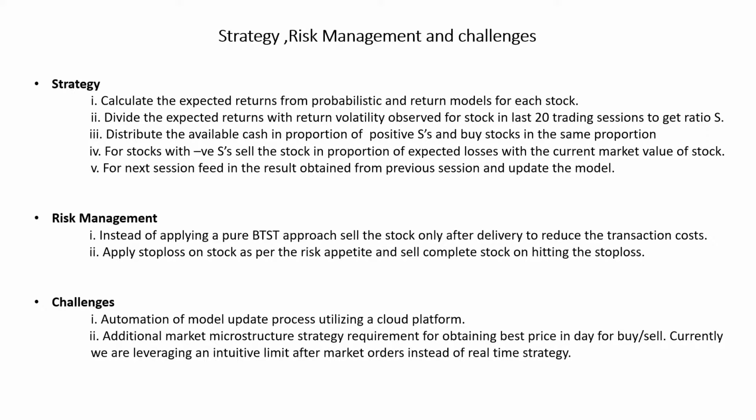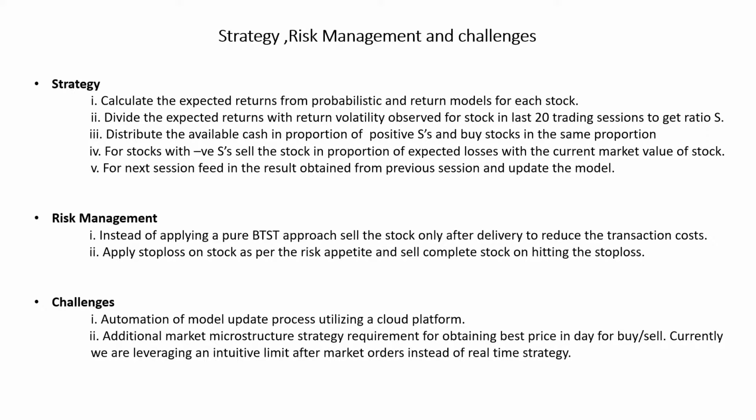Next, we distribute all our available cash in proportion to the positive S ratios. So let's say we got a certain set of stocks which have a positive S ratio. We will distribute all our funds by the S ratios for those stocks and buy the respective quantities that could be bought within the funds allocated to those stocks.